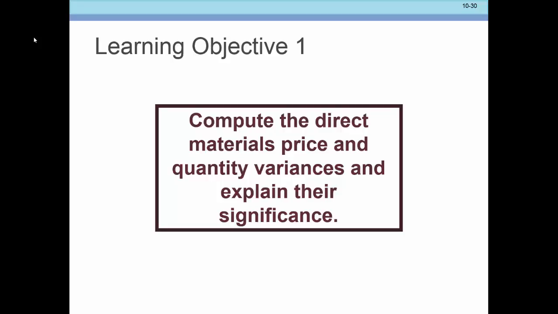Okay? Now, for our quantity variance, we're going to take the standard price and multiply that by standard quantity minus the actual quantity.